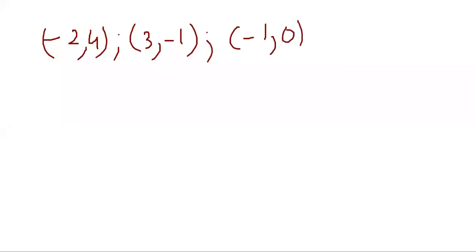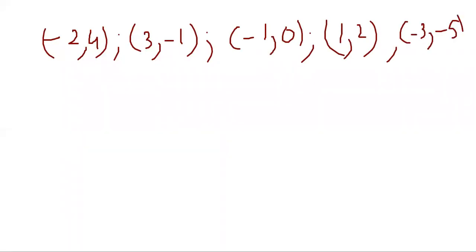Next point is 3, -1. Next point is -1, 0. Next point is 1, 2. Next point is -3, -5. So tell me this point, where does it lie, in which quadrant? -2, 4.